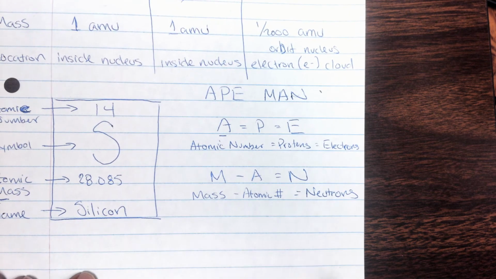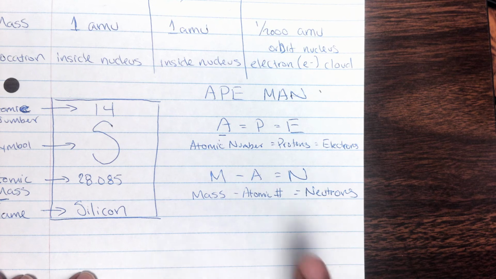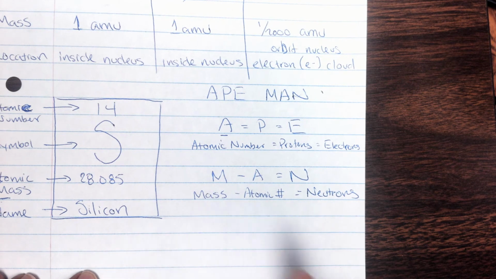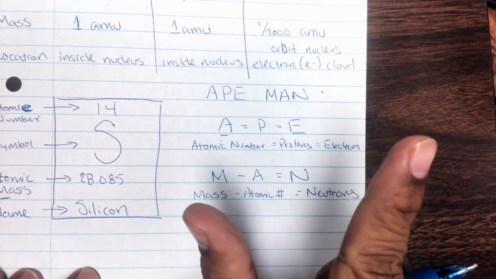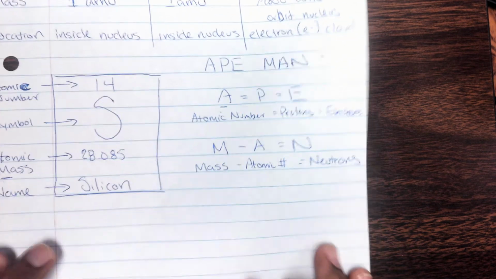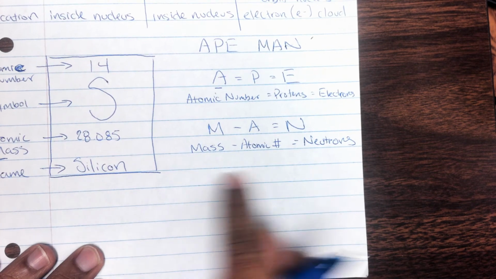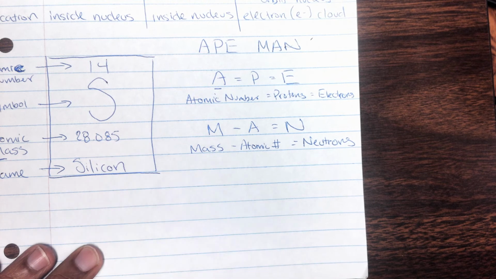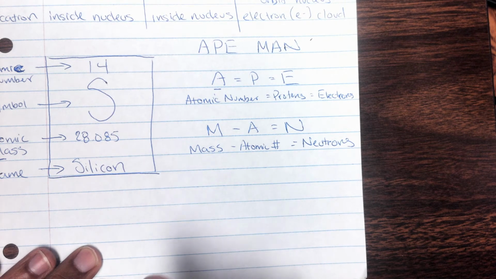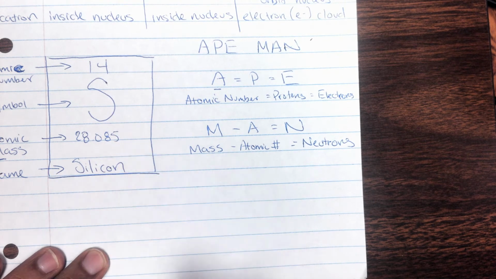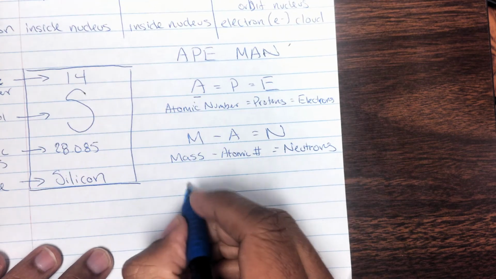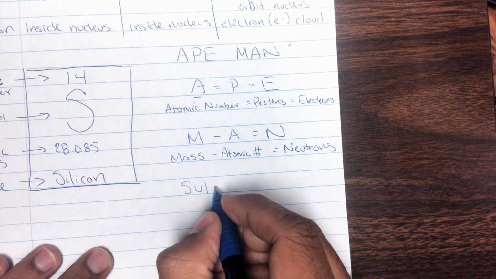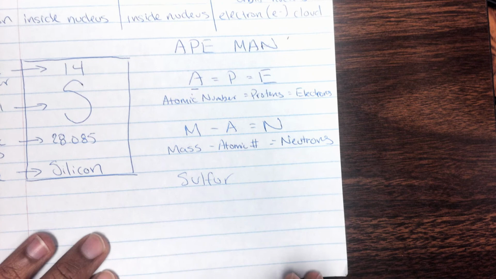Okay, so another way that I told you to remember mass is the number of protons plus the number of neutrons, same thing. All right, so we are going to calculate underneath here, just as an example, the protons, electrons, and neutrons of sulfur. So I'm going to write sulfur over here so you know that this isn't just some random math.